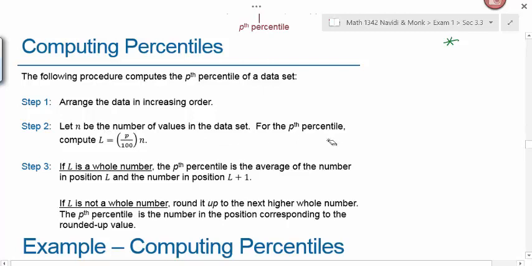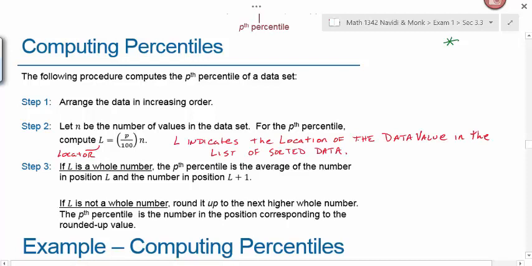For the pth percentile, we compute L. L here is called a locator. That locator just tells us what position in the list of data our percentile will be. It's just the physical address, more or less, of the particular data value that you're interested in finding a percentile of.